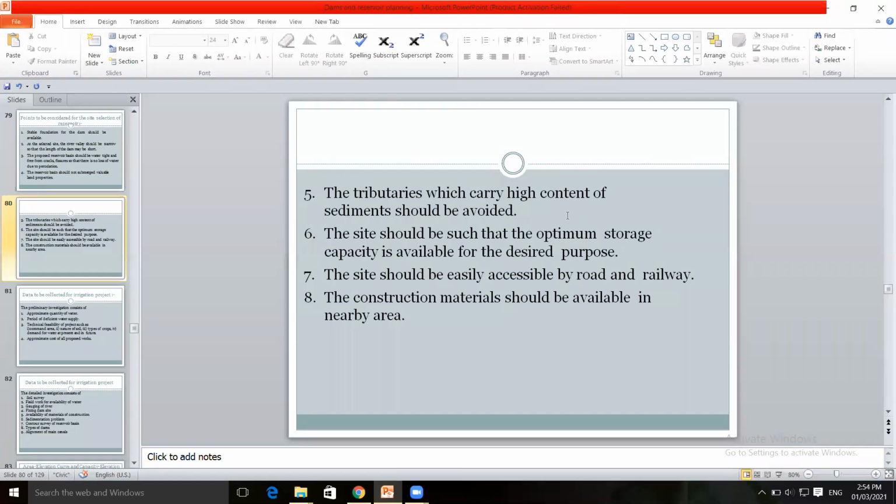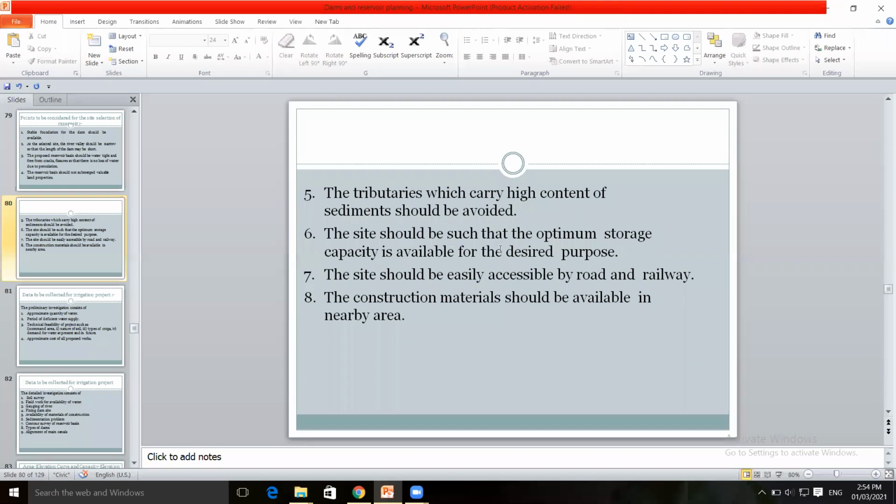Sediment means the soil particles, debris, some trees or grass. While flowing, the water will carry a high amount of sediment. So such a site should be avoided. That is the river or the area where the content of sediment is more, that site should be avoided.